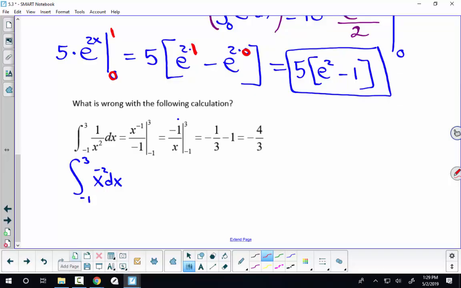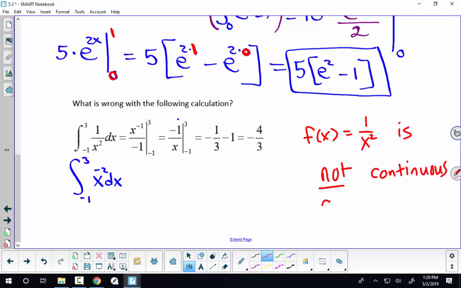The problem is with the function over the region specified. So f of x equals 1/x² is not continuous on the interval -1 to 3. That's what's wrong with the computation. You're trying to find the net area over a vertical asymptote.